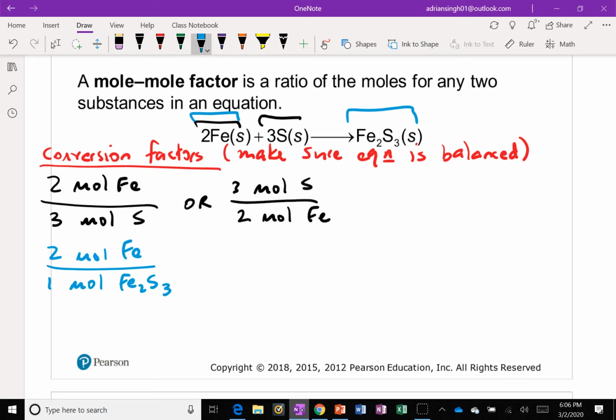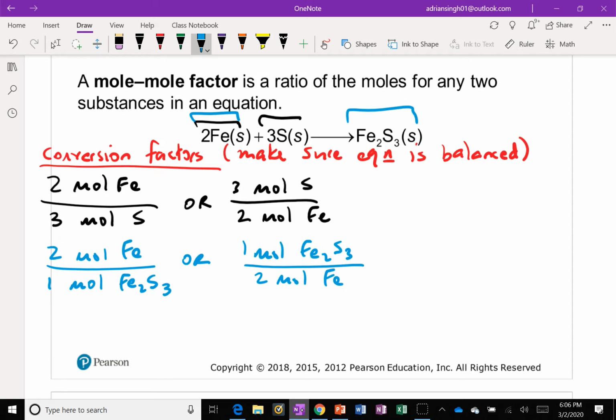I put the coefficients on top of each other. 2 moles of iron for every 1 mole of the Fe2S3, and then I can flip that to get the other one. So 1 mole of the iron sulfide for every 2 moles of iron.